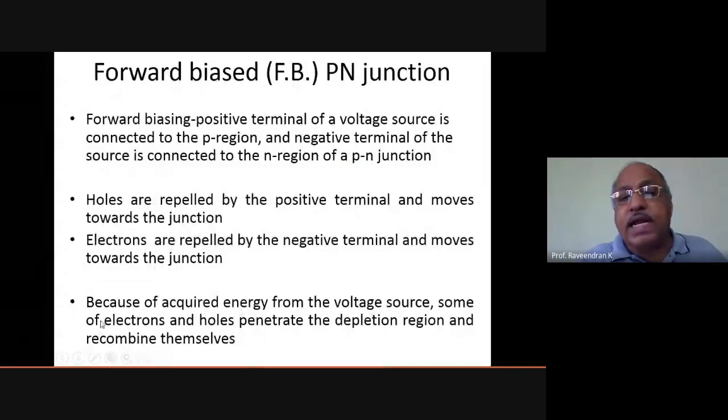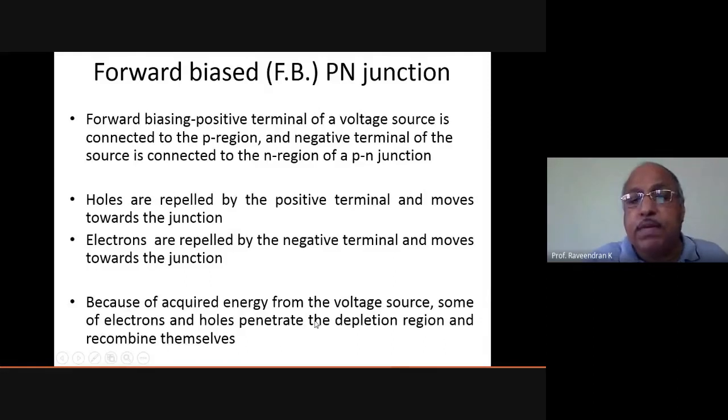Because of acquired energy from the voltage source, some of the electrons and holes penetrate the depletion region and recombine themselves. When a potential source is connected to the PN junction diode, of course, it will be acquiring some energy, isn't it?